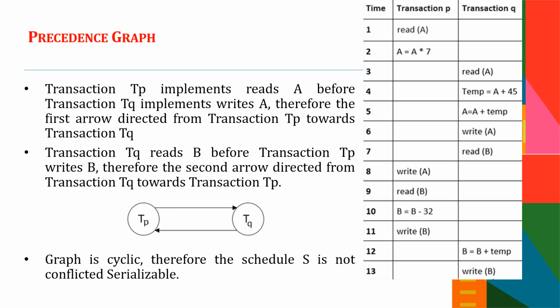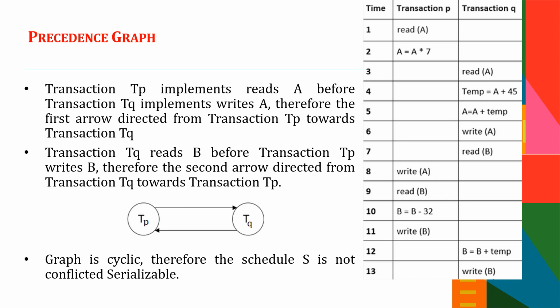The transaction TP reads A before the transaction TQ writes A. Therefore, the first arrow is directed from TP towards TQ.